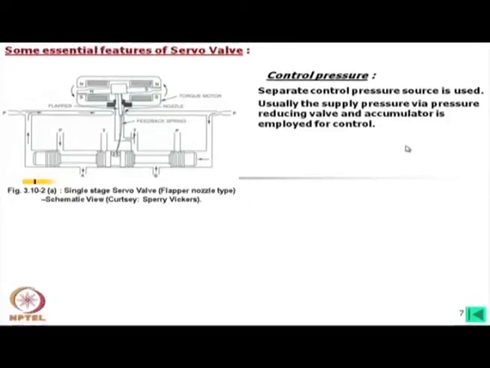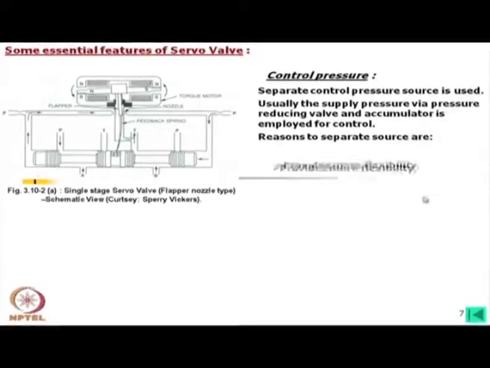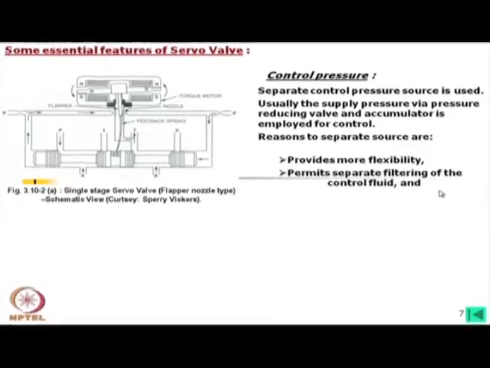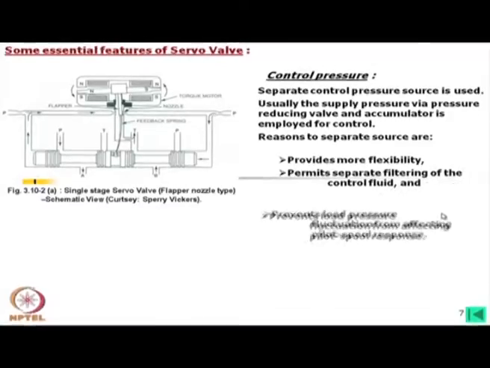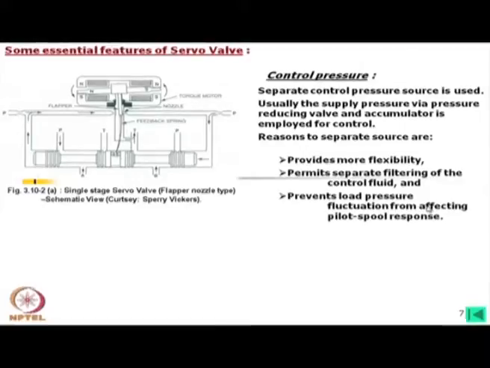Usually, the supply pressure via a pressure reducing valve and accumulator is employed for control. Reasons for a separate source are: first, it provides more flexibility; second, it permits separate filtering of the control fluid; and third, it prevents load pressure fluctuation from affecting the pilot spool response.